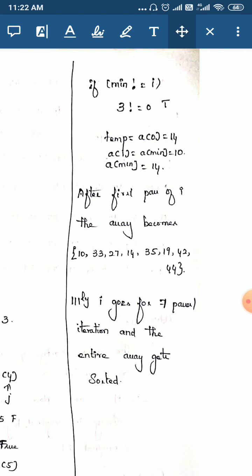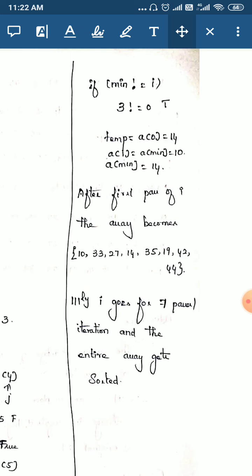So swapping takes place: 10 is moved into the first index position, and the position where 10 was in the array, 14 is moved over there. That is, a of 3 position gets 14, and a of 0 position gets the 10 value. So after the first pass, the elements are 10, 33, 27, 14, 35, 19, 42 and 44.